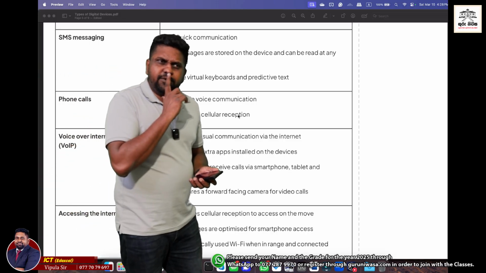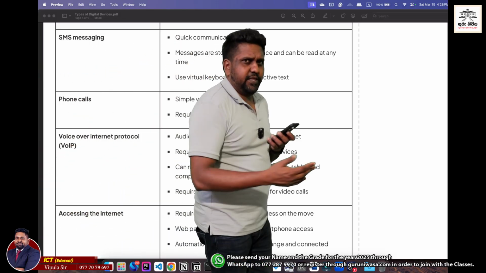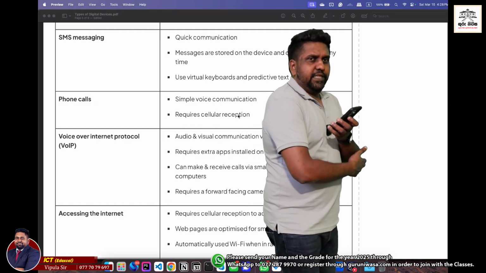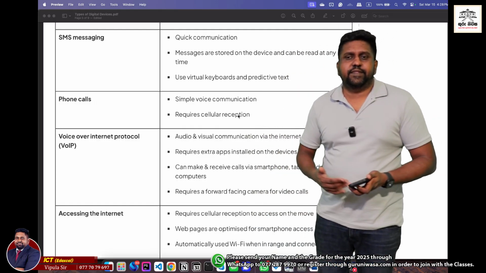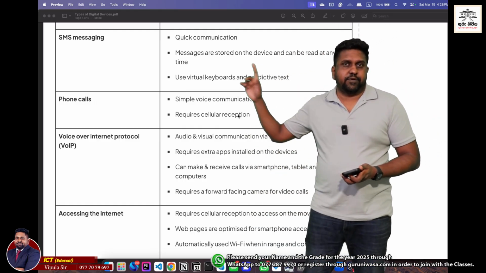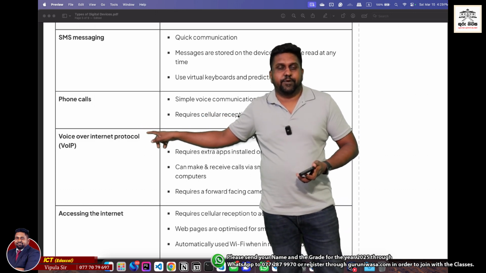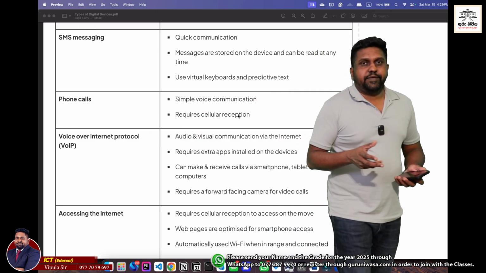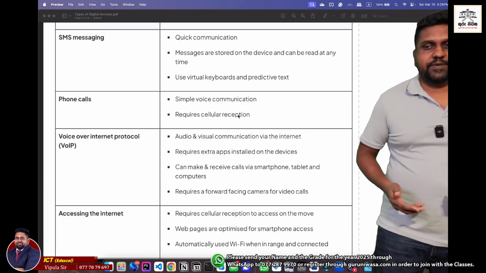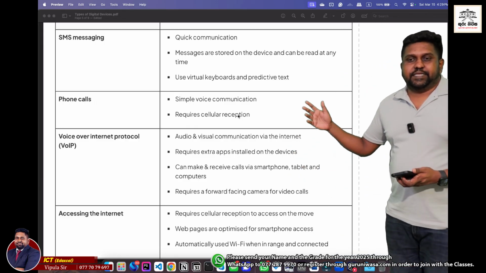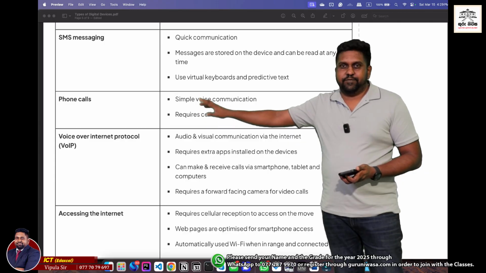I'm not sure TikTok has a calls feature, but you still can send messages. All these platforms work using a communication protocol known as VoIP, Voice over Internet Protocol. In simple terms we call it VoIP. That is something different from phone calls.